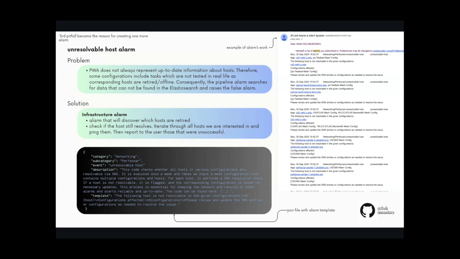Yeah. In this case, we know if it's one or the other by the way we query things. What she's doing with this alarm is getting the configuration list of hosts and checking there for this particular host.